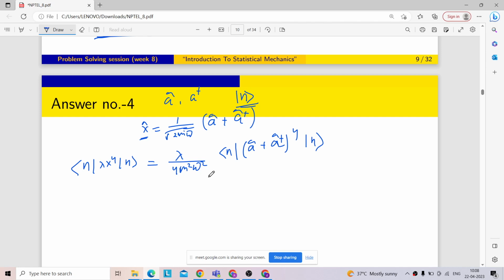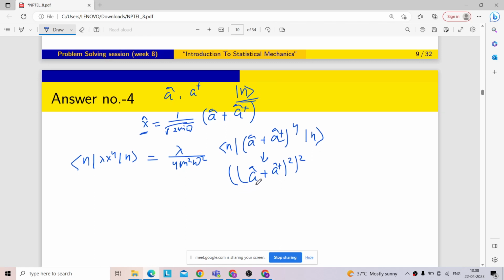Okay, so I can do one thing: I can write this as (a + a†) whole squared, to the power 2. Now I have to just calculate this first.